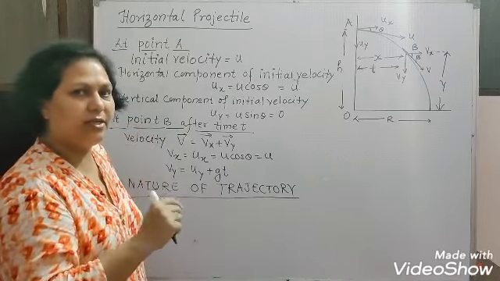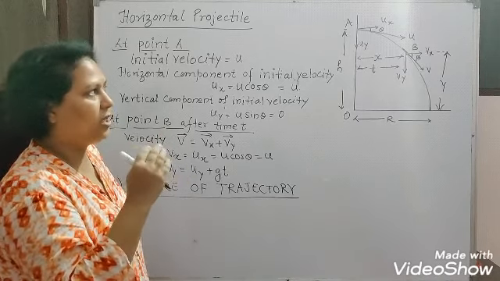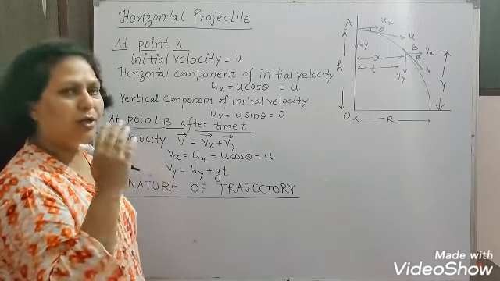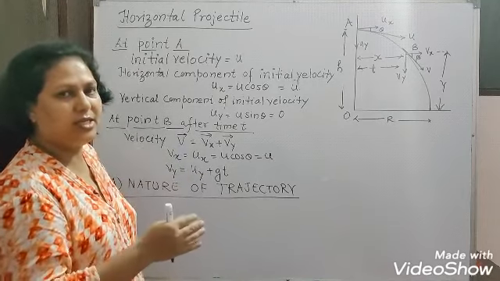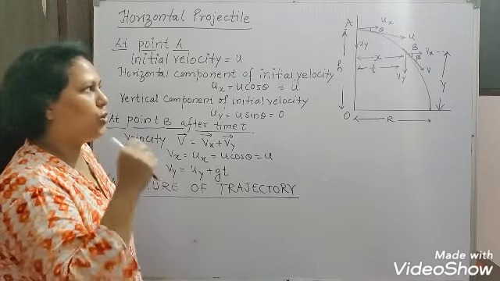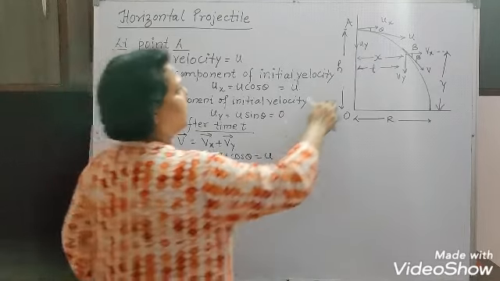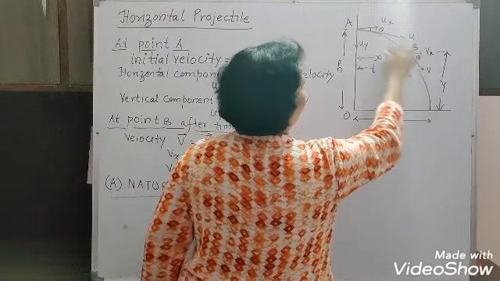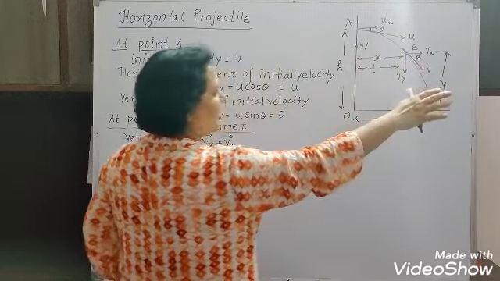One is the horizontal motion, which you can say is simply uniform motion, and the other, the vertical motion, is considered uniformly accelerated motion. So the horizontal motion is uniform motion. That means ux and vx will both be equal, because there is no acceleration in the horizontal direction.